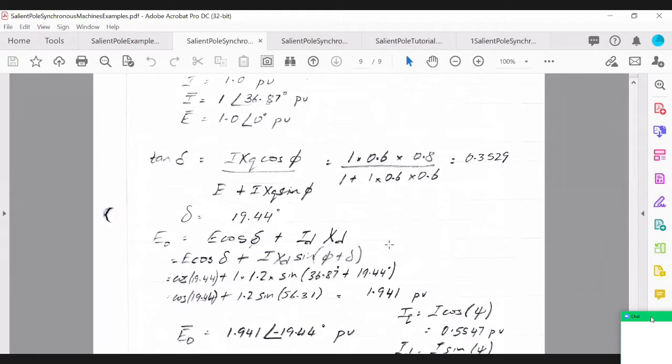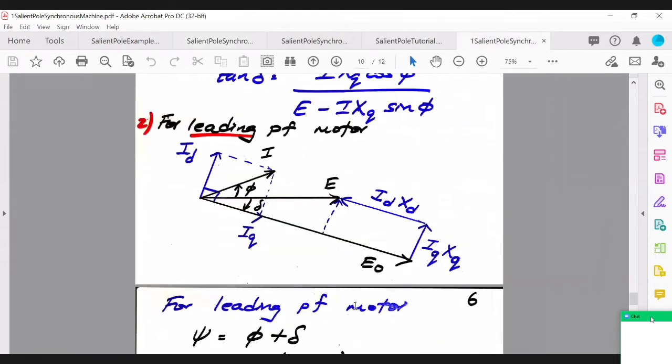Right, so I've basically further expanded ID to be I sine phi plus delta. Again, that's from the notes. And basically, we are replacing this current in terms of those two angles here.